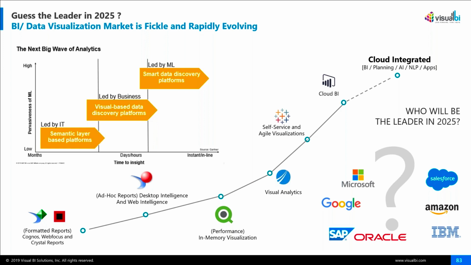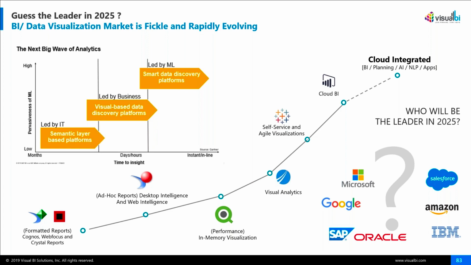But it's not about business self-service anymore. People were happy if they could do something in a day or hours. Now it's almost the world of impatience. People are expecting instant results. That's where machine learning and smart data discovery are going to be the future.